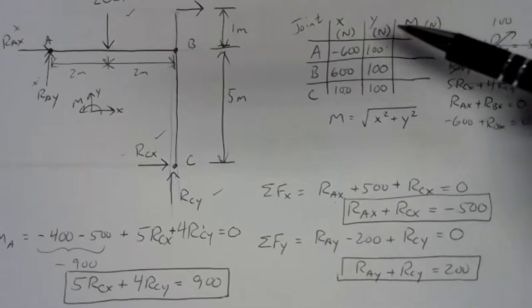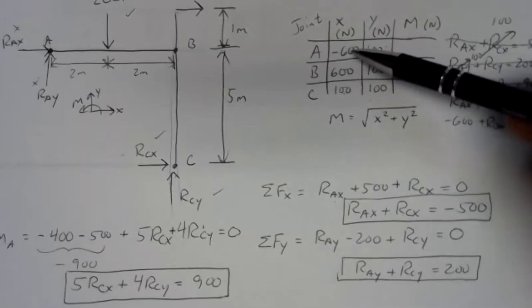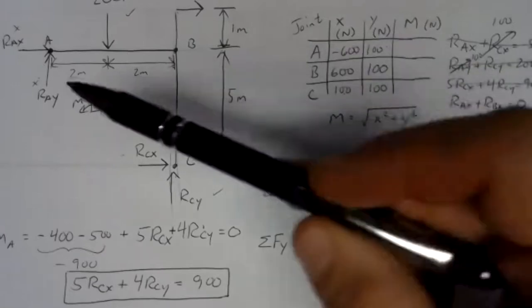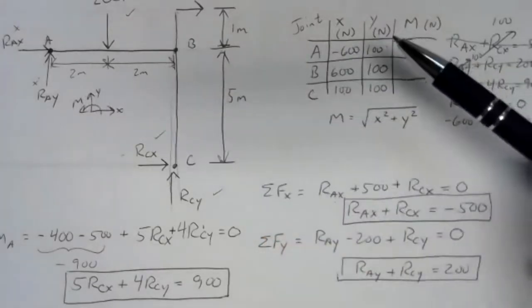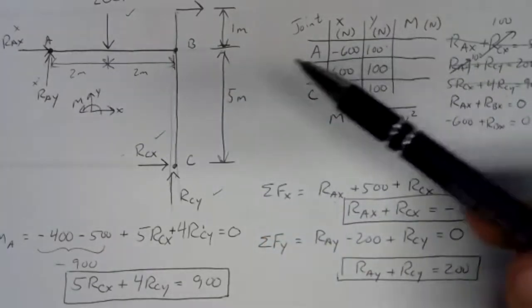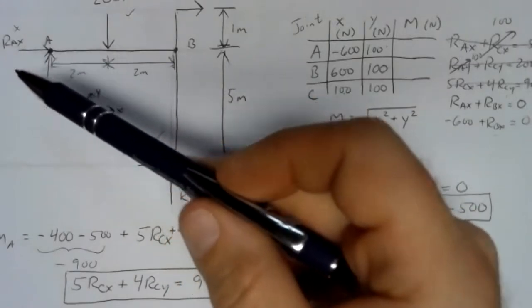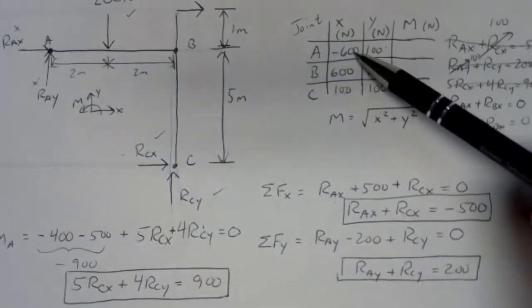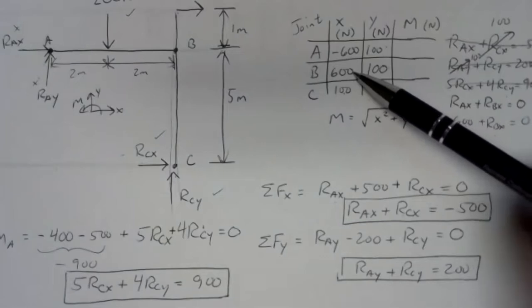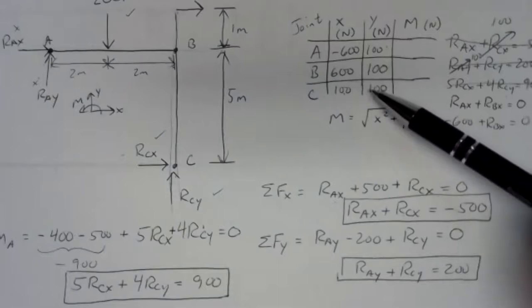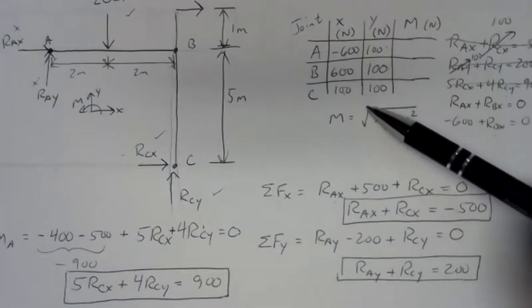Now, a word on signs here. The signs still have the same meaning that they did in all the other problems. The signs are related to our assumptions. If I had assumed, for example, in drawing my free body diagram that RAX was to the left instead of the right, I would have gotten a positive value here, and then I would have gotten a negative value here for B. So the signs you get depend on the assumptions you make.